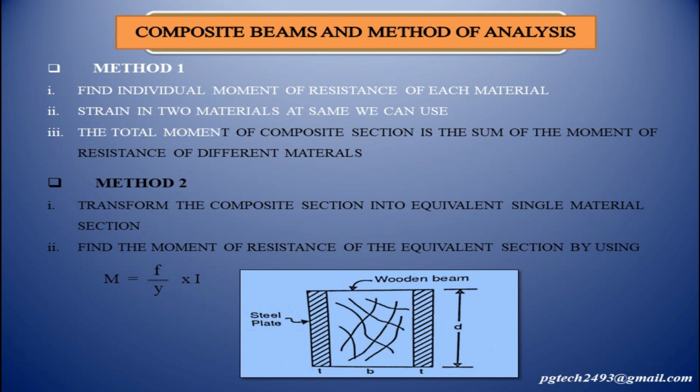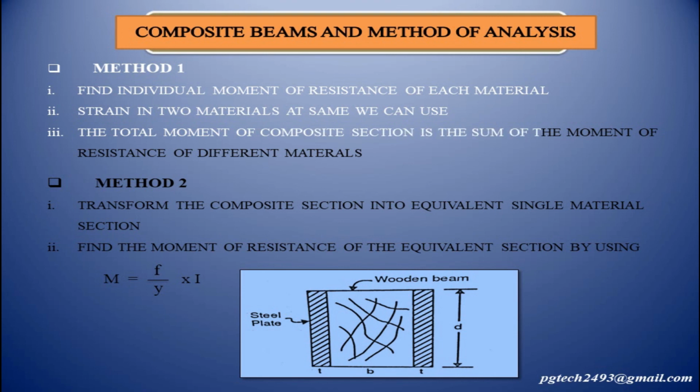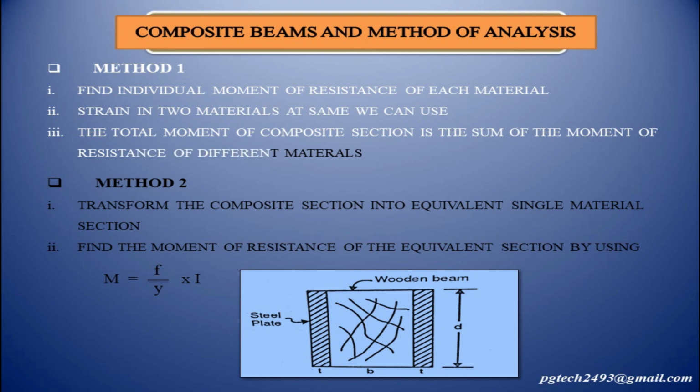Third, the total moment of resistance of the composite section is the sum of the moments of resistance of the different materials, that is M = M1 plus M2.